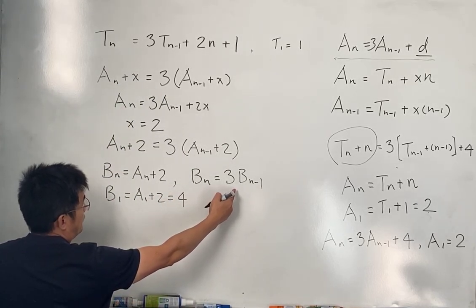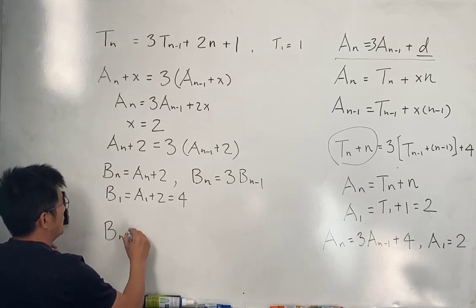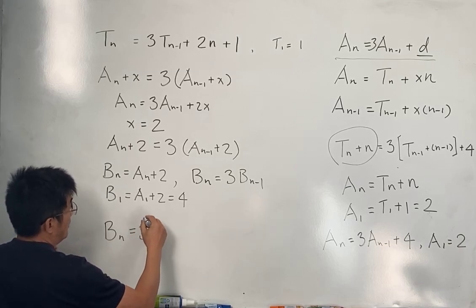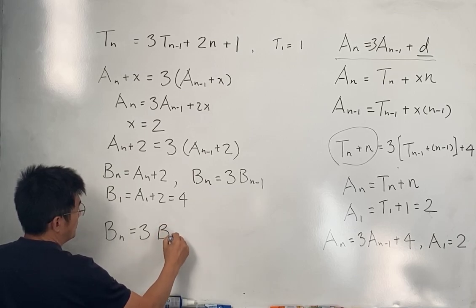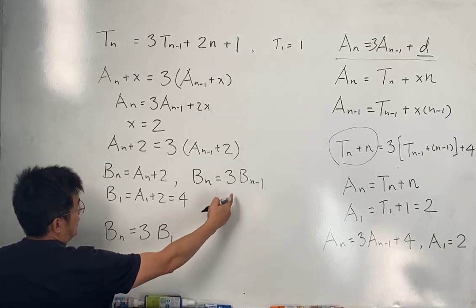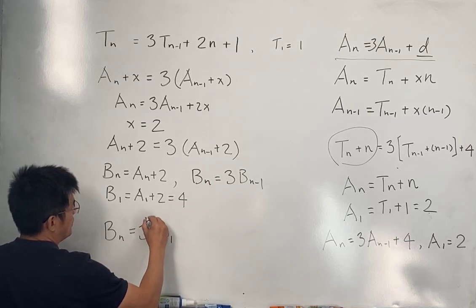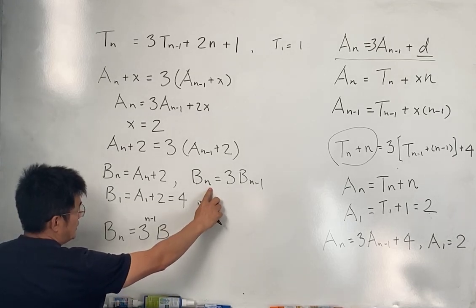So the formula for that is b sub n equals 3 to the power of something times b sub 1. Since there are n minus 1 terms, going from here, we should also get n minus 1. Wait, so we're changing this to that, right?